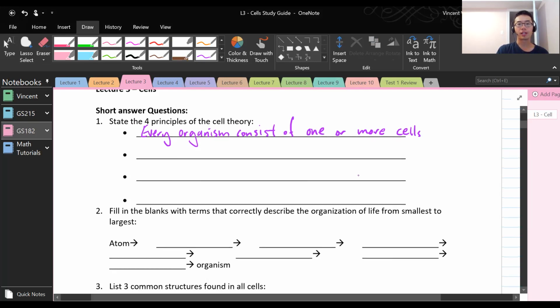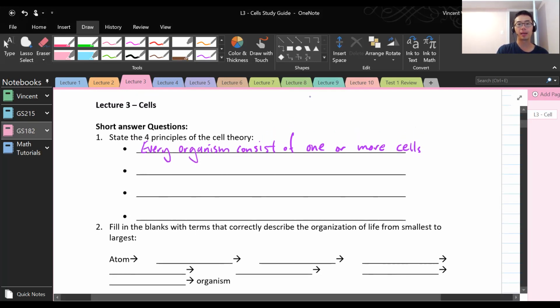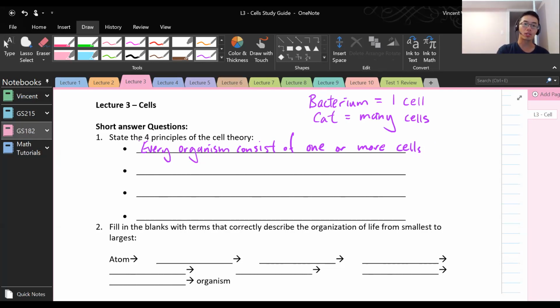If you think about a bacterium, the plural is bacteria, so 1 bacterium is equal to 1 cell. And if you think about a cat, it has many cells. Humans have trillions of cells. So every organism, and organism implies it's alive, is going to consist of 1 cell or more cells.